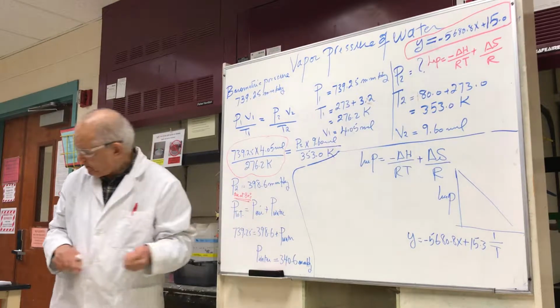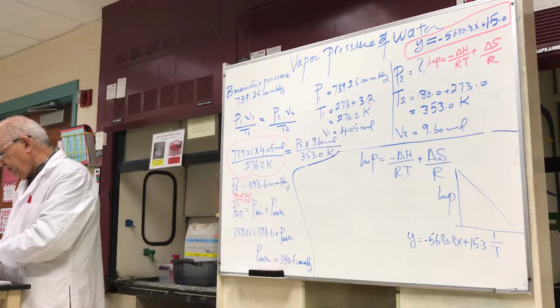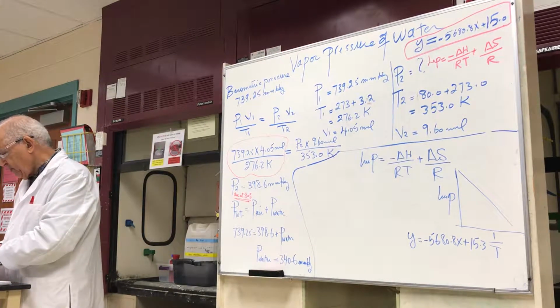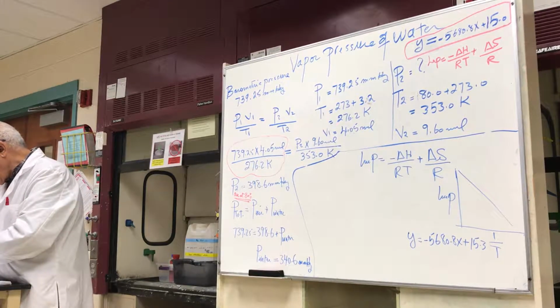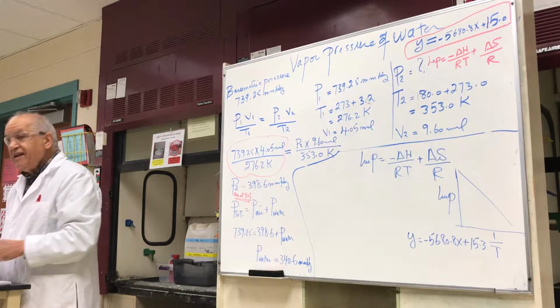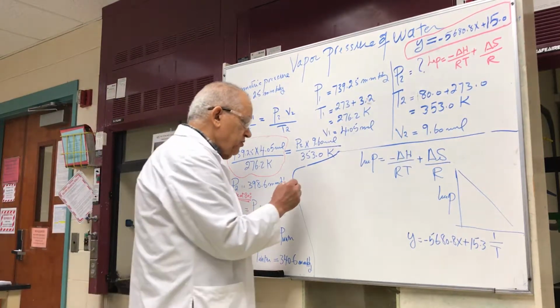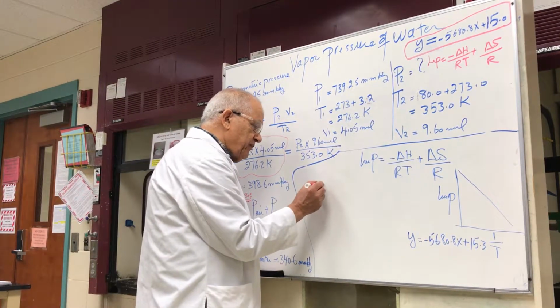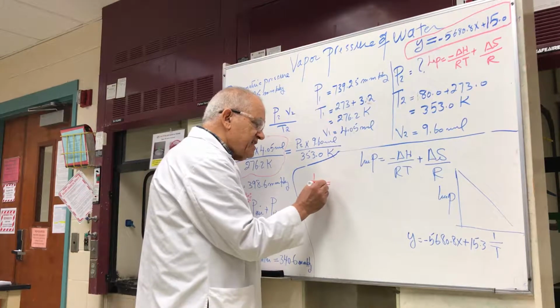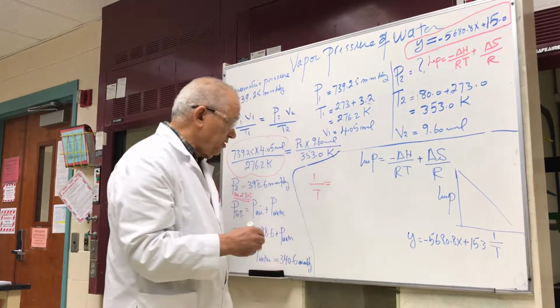First thing, you have your T water, what was the temperature? Then you have 1 over T water in Kelvin. Now, let me tell you this, otherwise you might run into a problem. When you do your 1 over T, take at least 4 decimals.